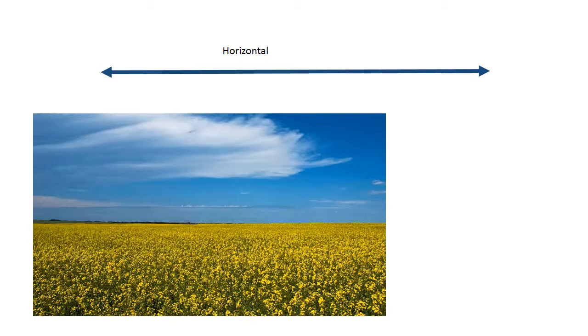Now horizontal, this is a lovely picture of the horizon, and you can see the word horizon right there in that word. It just means the same direction as the horizon goes. So horizontal is from side to side, just like the horizon of this lovely canola field.